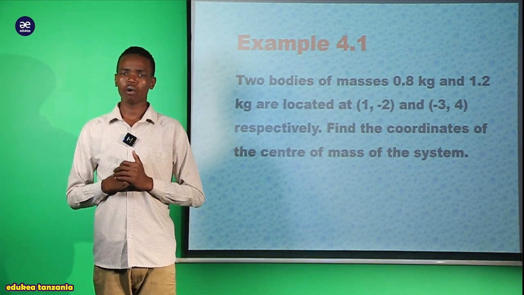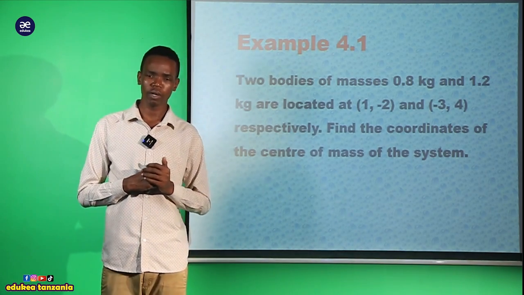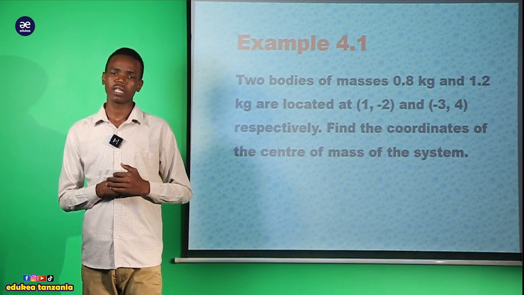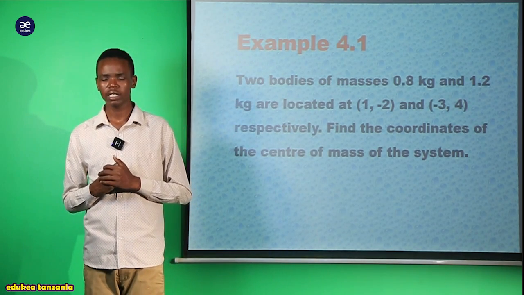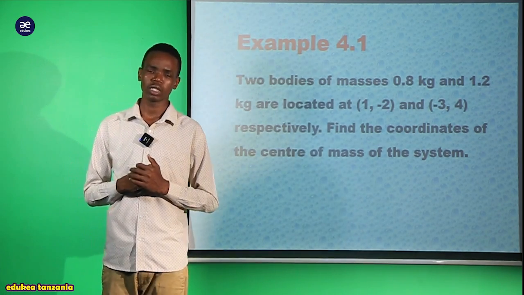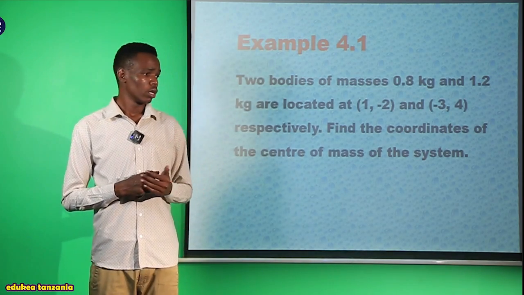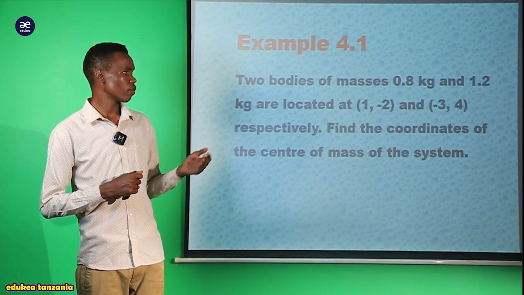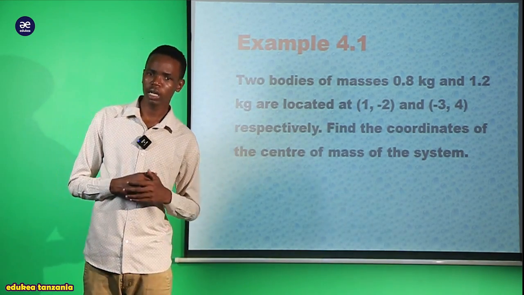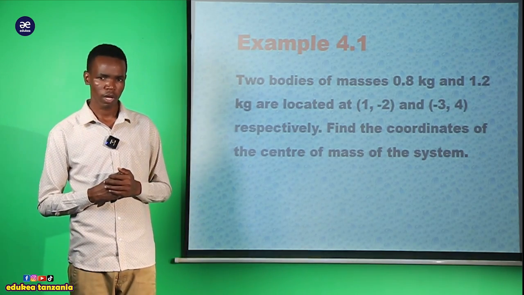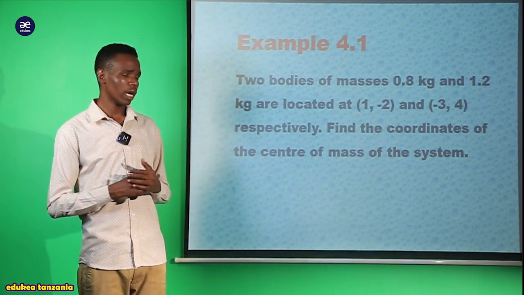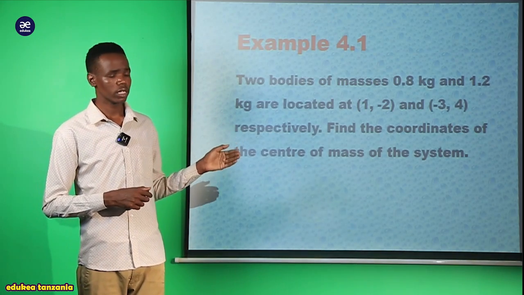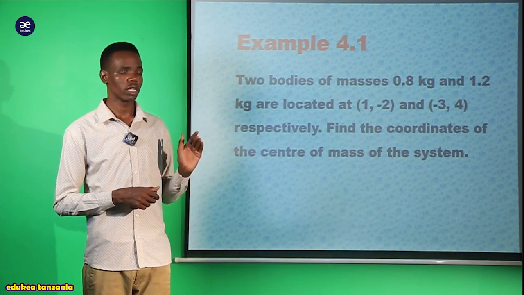First of all, we are supposed to understand our question, my dear student, and after that it is very important to summarize the data that we have into our equation. So in our equation here we have the masses, mass 1 and mass 2, and they represent the particles. Also we have the coordinates, coordinate 1 and coordinate 2.